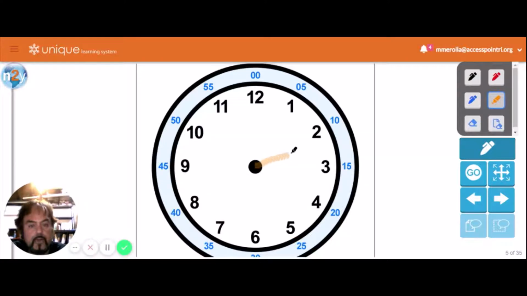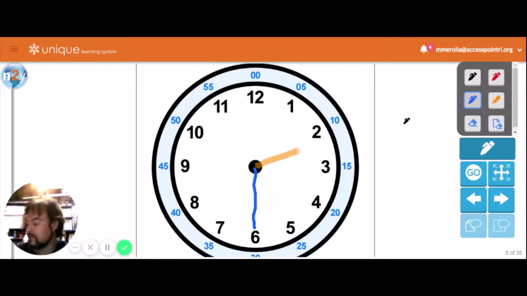The short hand would be between the 2 and 3, and that's the hour hand showing what hour we're talking about. Then the minute hand, which is a little bit not too straight, and I apologize for that, but 2:30 would look something like this if I had to catch the bus at 2:30 in the afternoon.